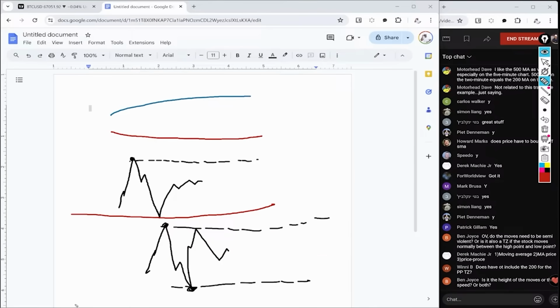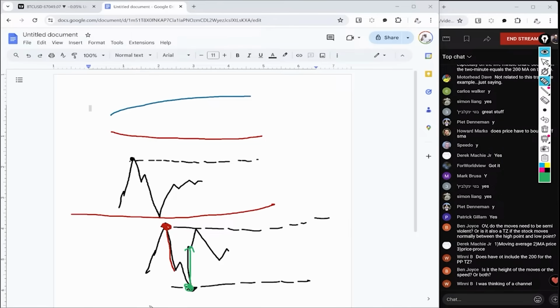I show you the 200 there because I wanted to show you that in this scenario, the moving averages don't matter as much as the two points of the origin of violence. This is the origin of violence to the downside. This is the origin of violence to the upside. And now you're trapped between two origin points for violence.